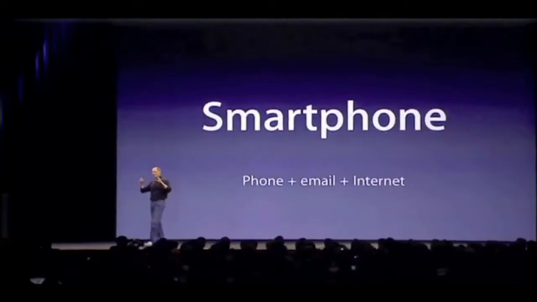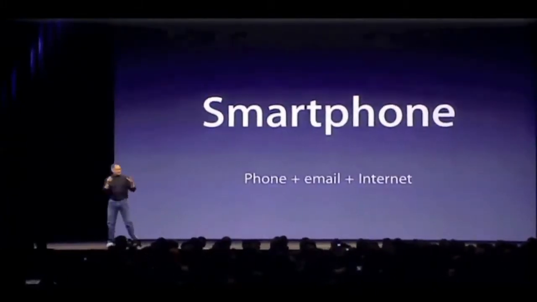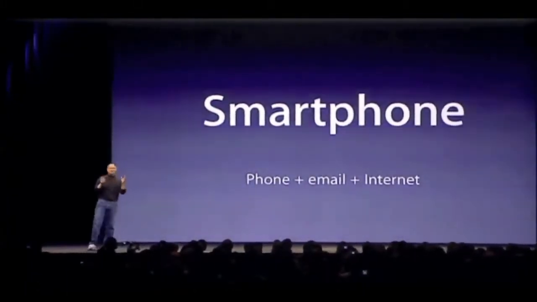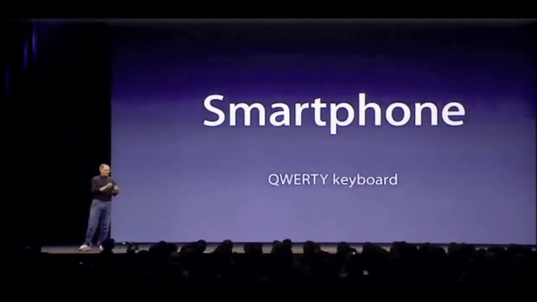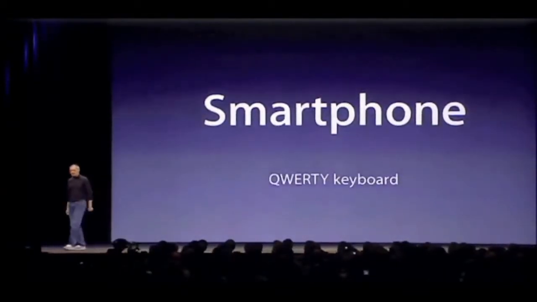The most advanced phones are called smartphones, so they say. And they typically combine a phone plus some email capability, plus they say it's the internet, sort of the baby internet, into one device. And they all have these plastic little keyboards on them. The problem is that they're not so smart and they're not so easy to use.